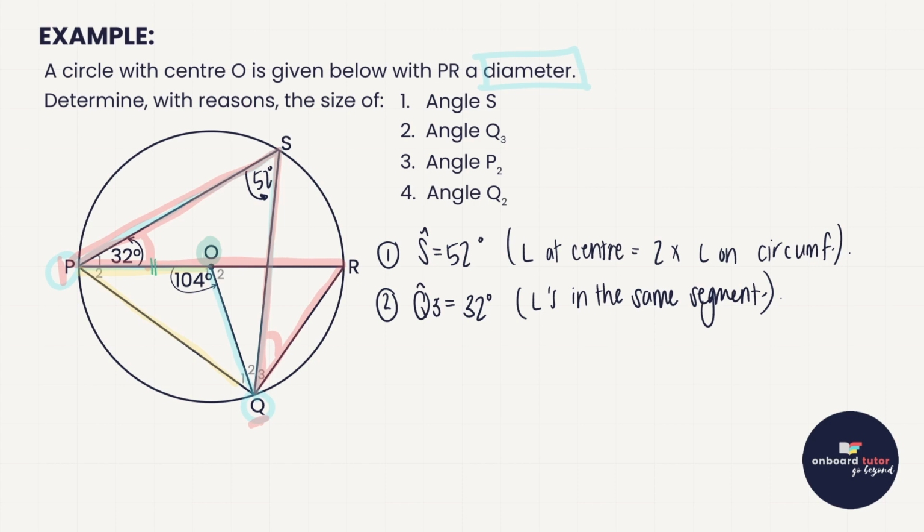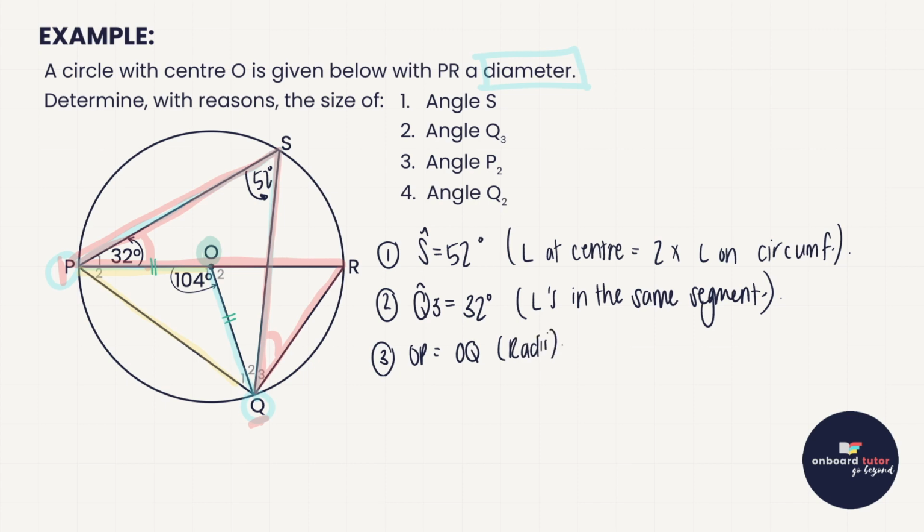Okay, well, one radius, many radii. So now what I can deduce is that those two are equal. And technically, so is OR, but I don't really need OR right now. Okay, so if I've got 2 equal sides in a triangle, I know that I've got 2 equal angles in that triangle too. Okay, so first of all, let's start off by proving that those 2 sides are equal. So number 3, we're going to say OP is equal to OQ because they are radii.